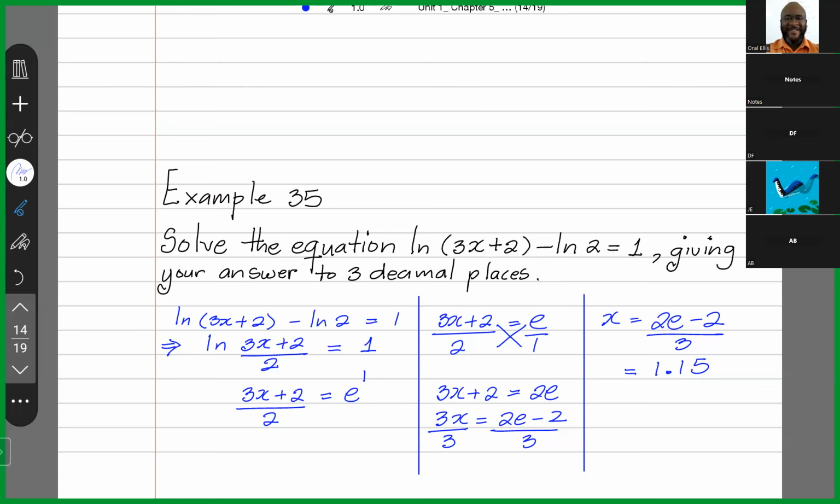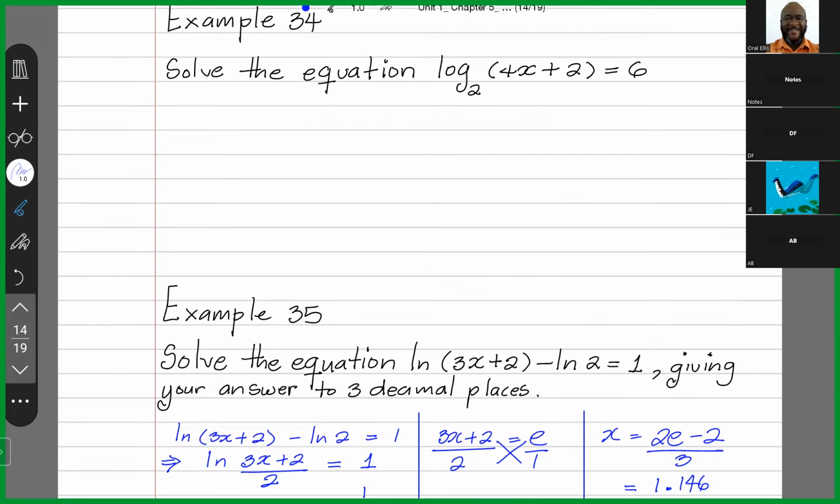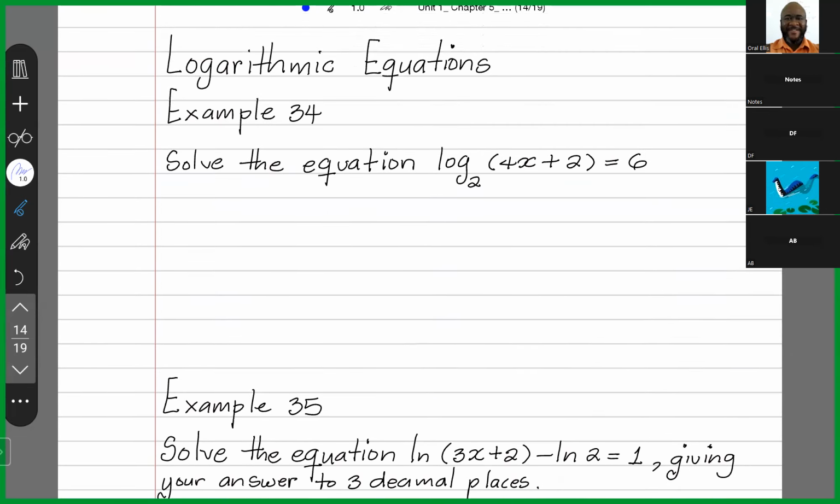The question did say to 3 decimal places, so it's 1.146. Yes, 1.146. All right, so I want you guys now to attempt example 34.